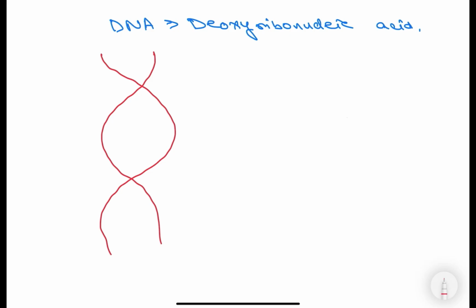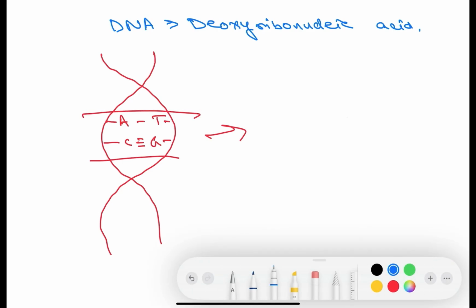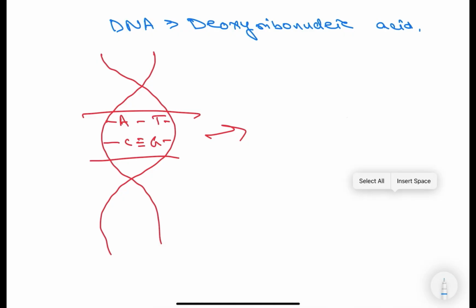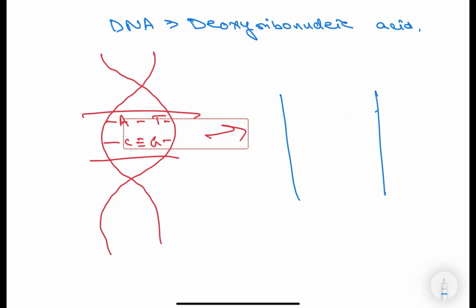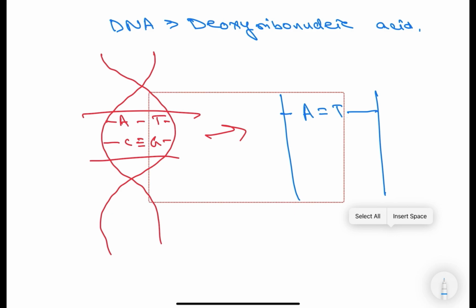strands of nucleotides. Okay, so if we take suppose this part, if we analyze this part, so these are strands. Okay, and suppose A is bound to T. These are hydrogen bonds.